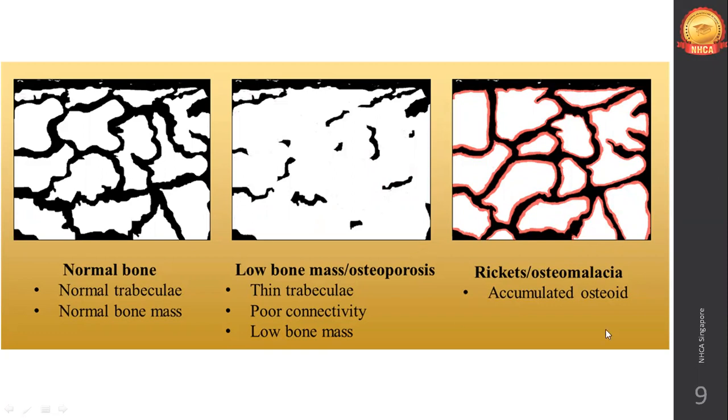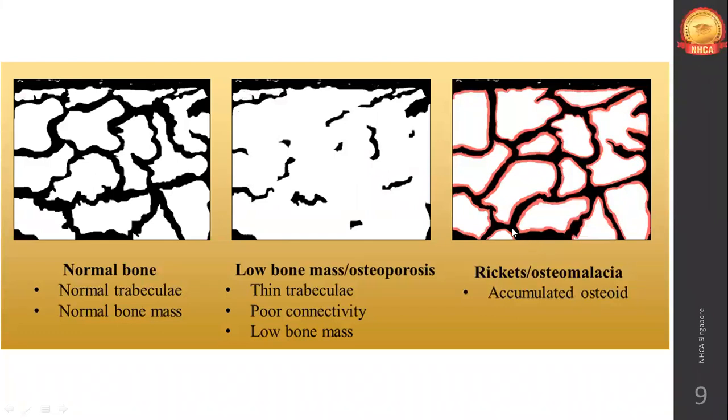In osteomalacia, the osteoid tissue is the immature bone cells. You have bone cells, but these are immature and not adequately mineralized. They have to undergo specific physiological changes to make themselves bone tissue.